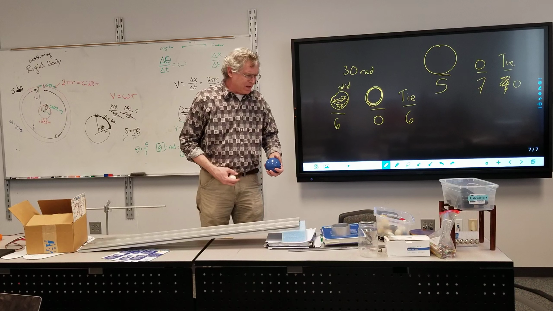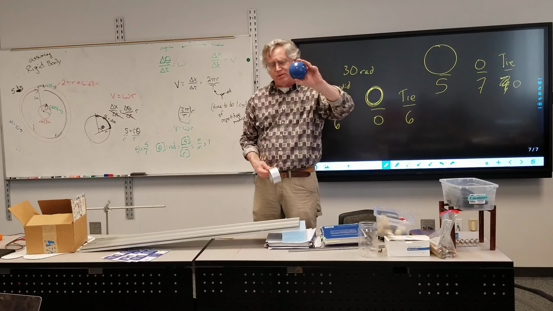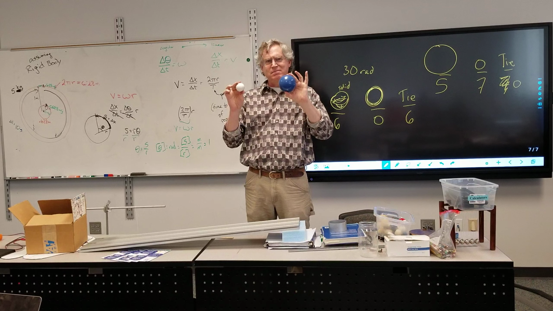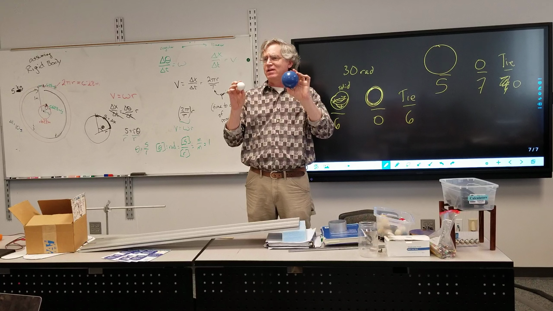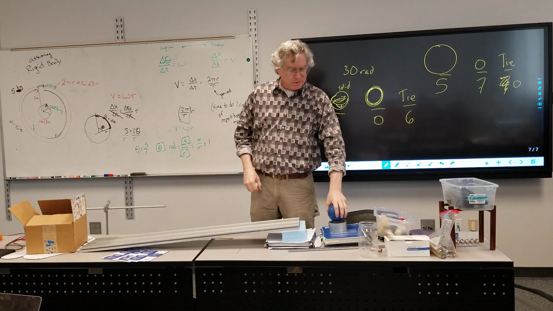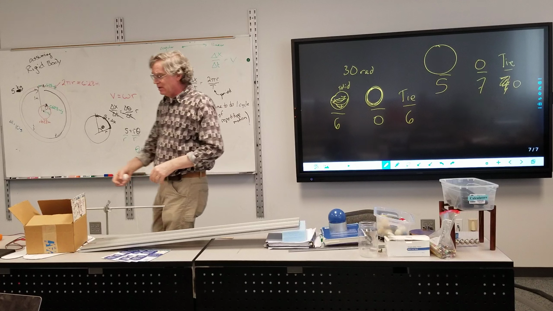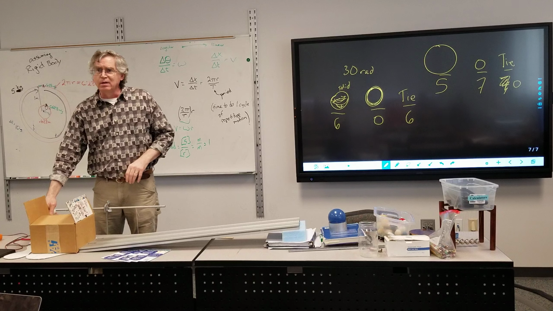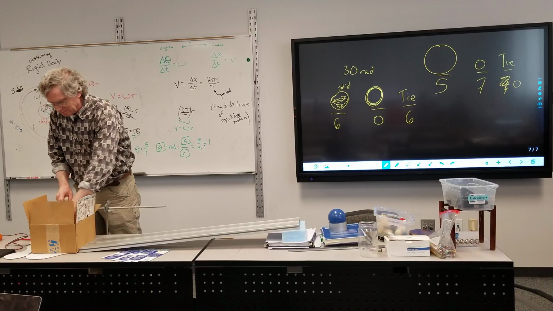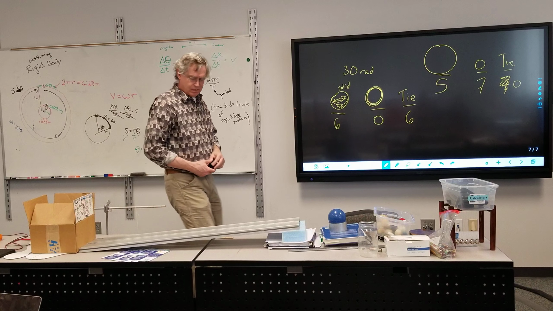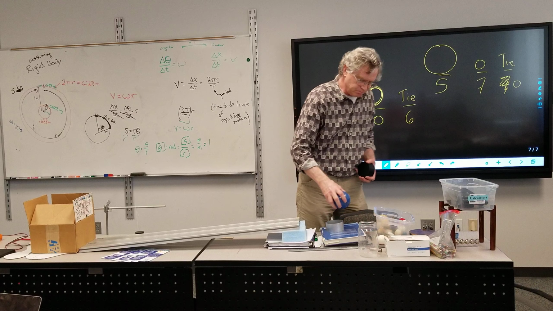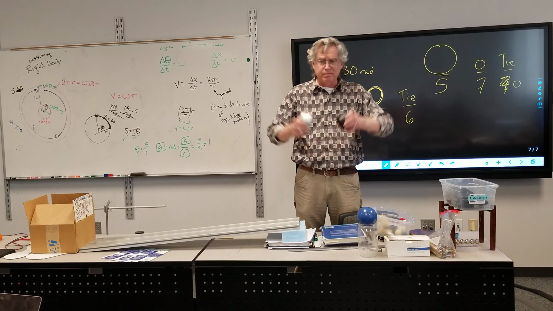So why is it that the sphere clearly beat this, but that's a tie? Apparently it's not having anything to do with the actual weight or the mass. Speculation. All right.